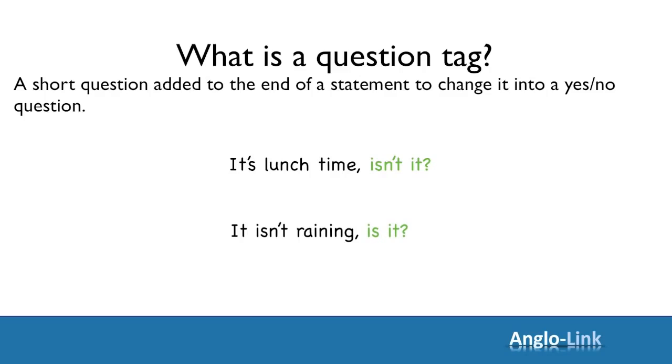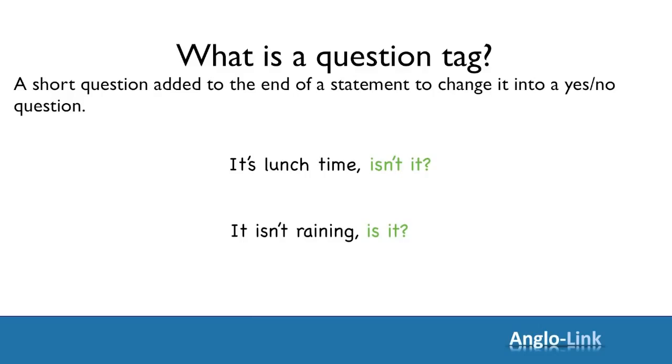Notice that when the statement is positive, the tag is negative, and when the statement is negative, the tag is positive. Also notice that the negative tag is in contracted form. Isn't it?